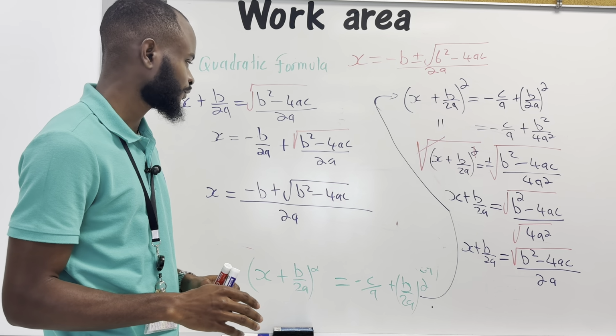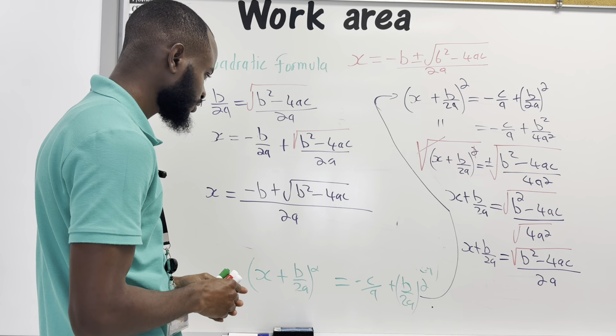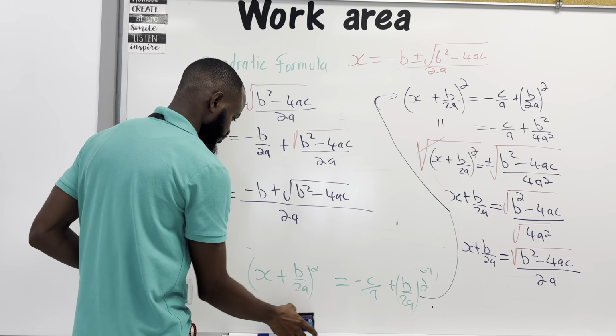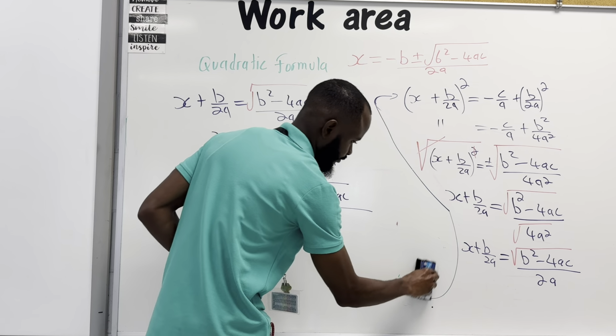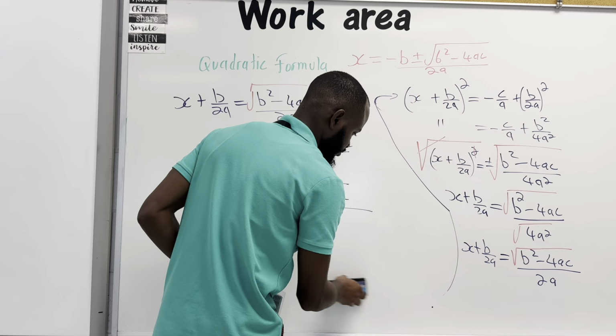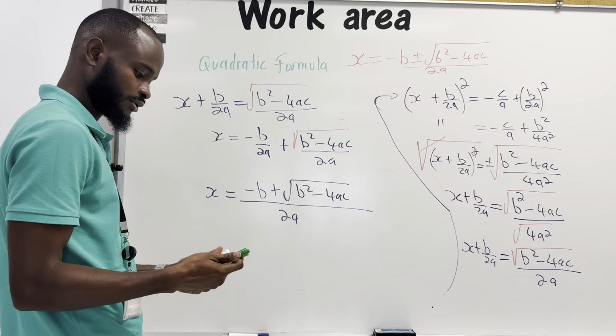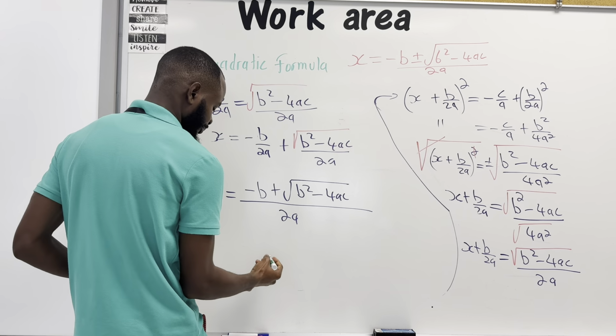So the square root of a number will yield two numbers, a positive and a negative.